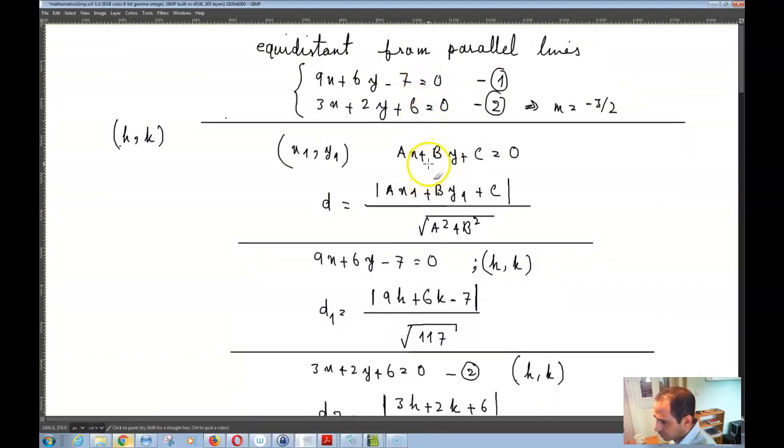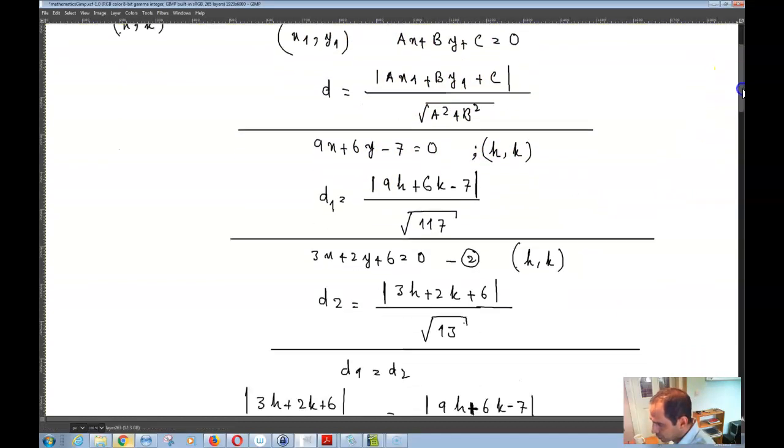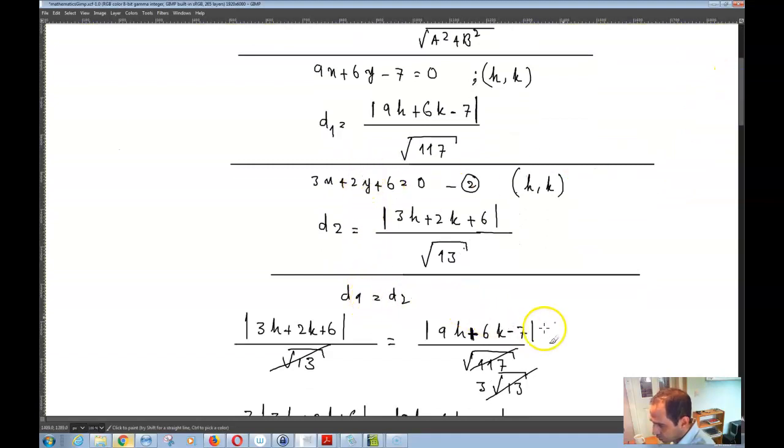Then we found the distance of the point from the first line, we found the distance of the same point from the second line, and then we equated the two distances d1 and d2.